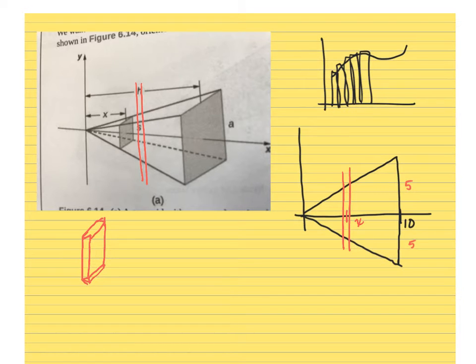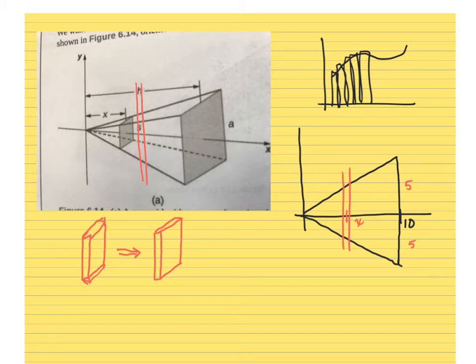But here's the thing. If I cut it thin enough, right? So if I cut it so thin, basically I don't have to worry about that little bit of angle right there. I can just pretend that that's straight across, because that's essentially what I'm doing.